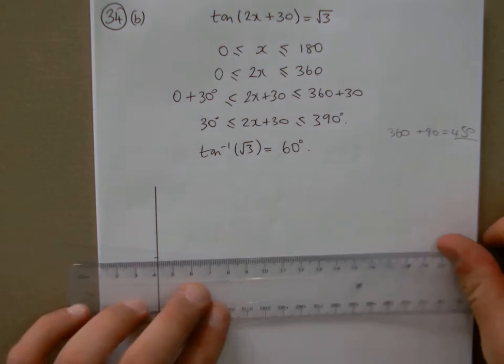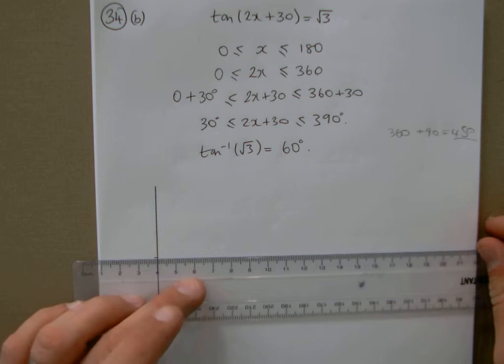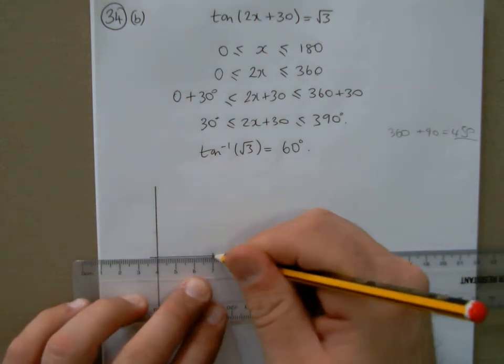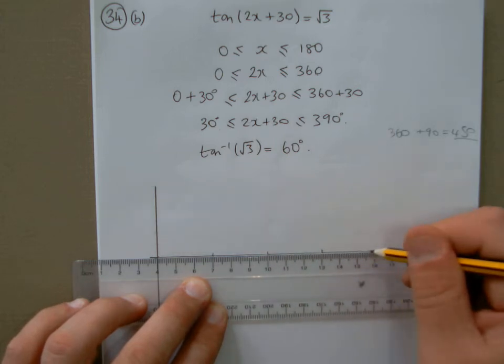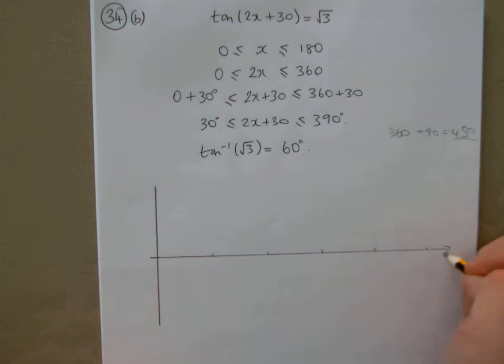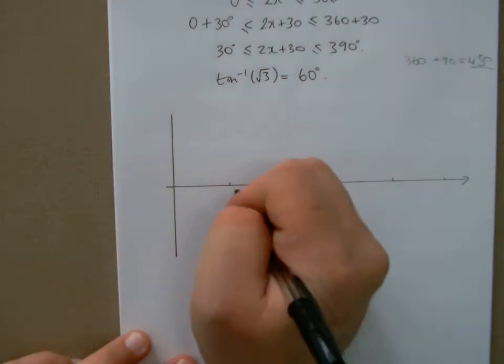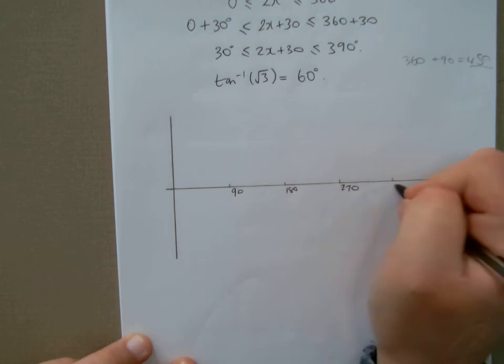So what I'll do here now, maybe every 3 centimeters could represent 90 degrees. So we've got 90 here, 180 here, 270 there, 360, and 450.